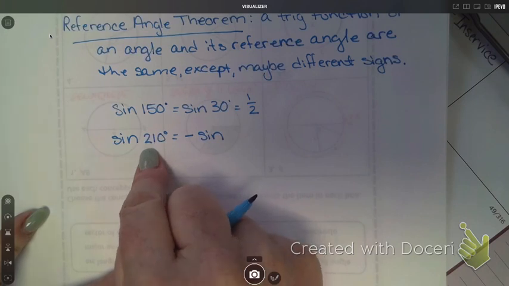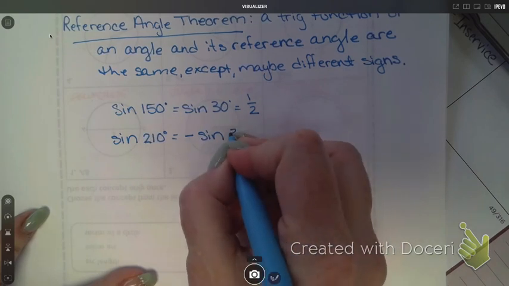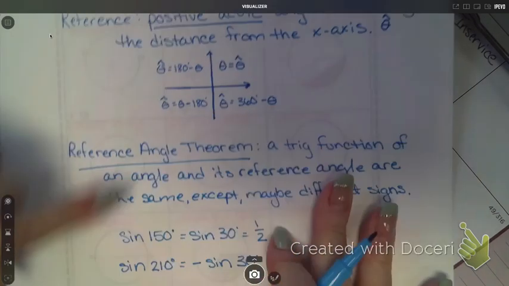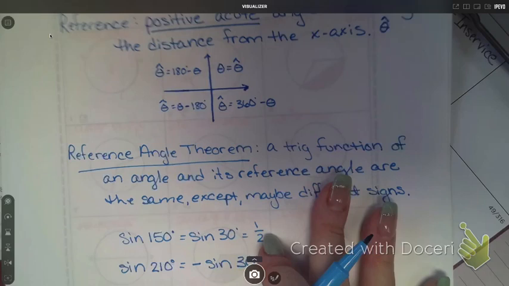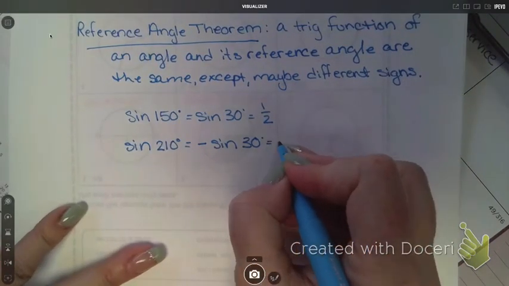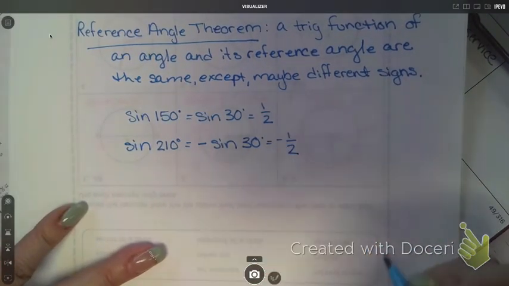So what's your reference angle for 210? 30. Remember your chart. So it is equal to negative 1/2.